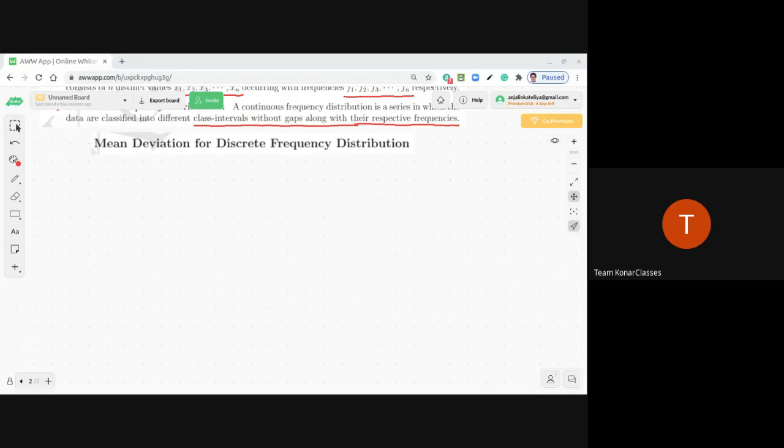As it is grouped data, let the data x1, x2, x3 up to xn occur with frequencies f1, f2, f3 up to fn.